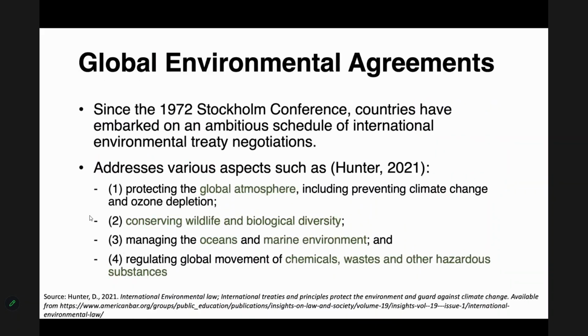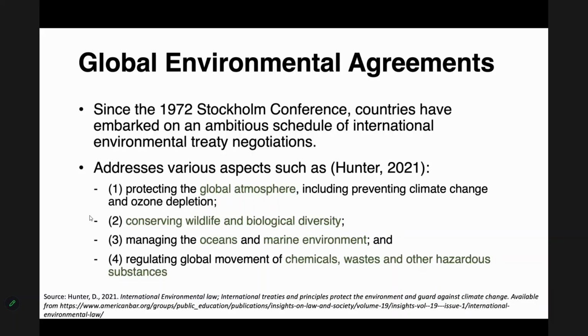So we have numerous different environmental agreements today, many of which are legally binding. They address different aspects. Some are about protecting the global atmosphere, so preventing climate change or ozone depletion.